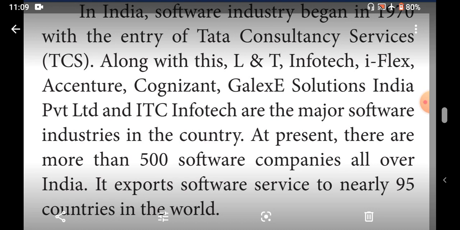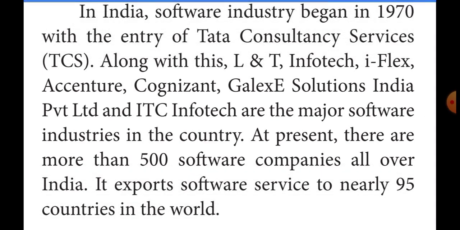These are the major software industries in India. At present, there are 500 software companies in India. 95% of the world's software items are produced in India.